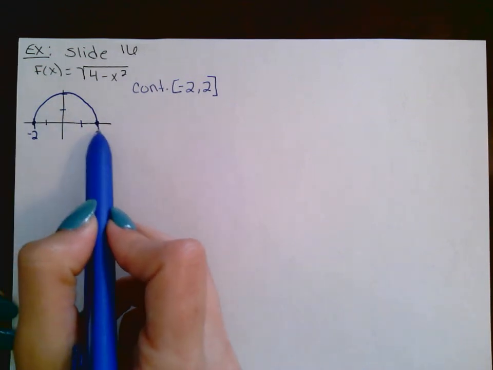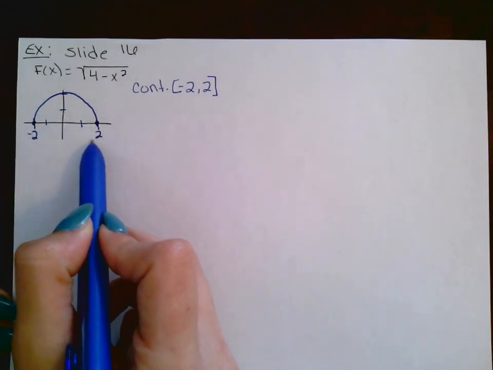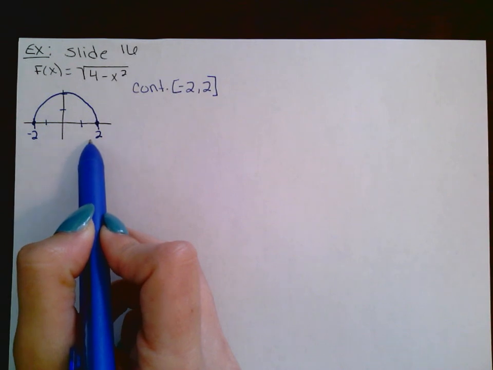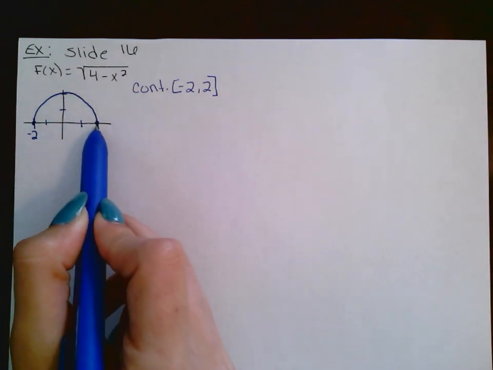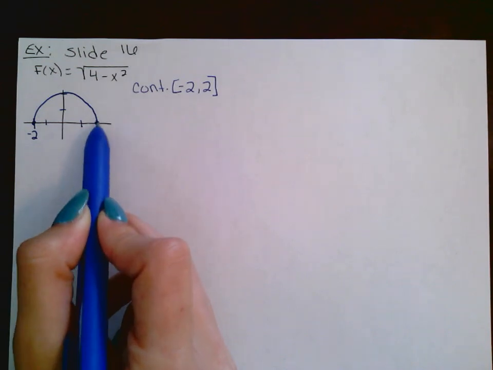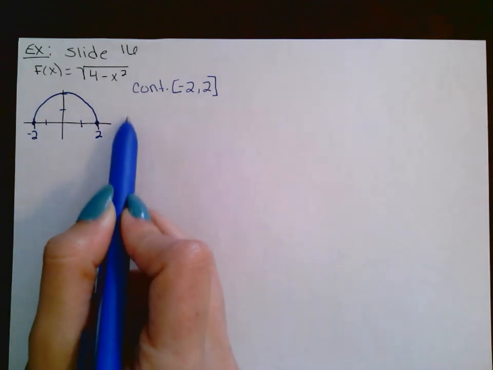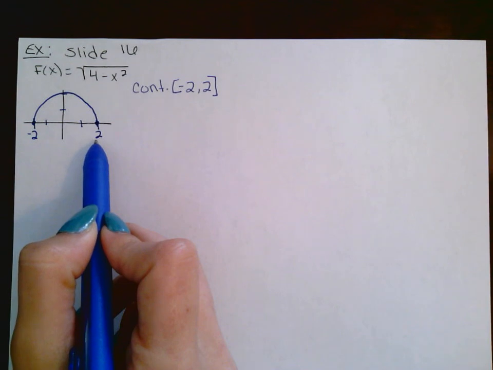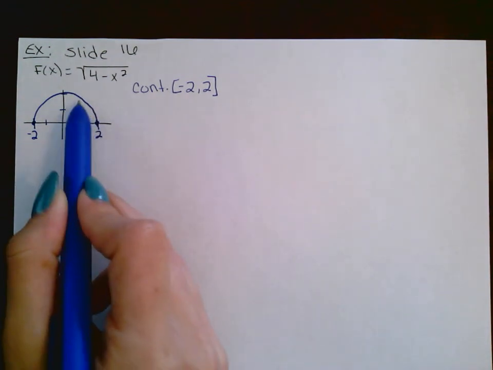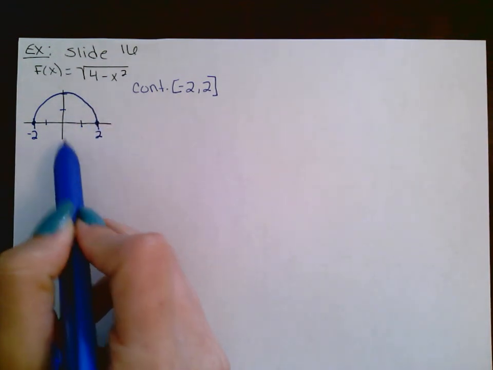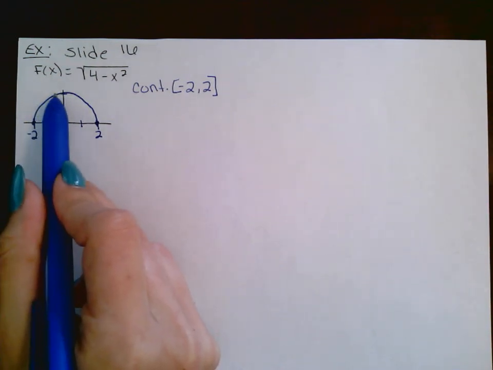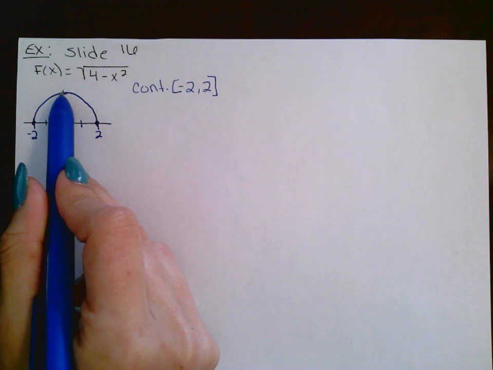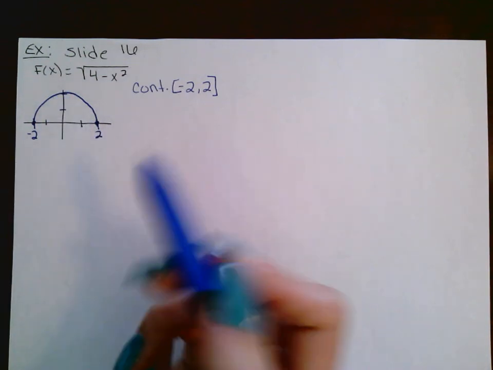We can say the same thing about the limit as x approaches positive 2 from the opposite direction, because it does have a function coming from the left hitting 0. It does not have a function on the right. Therefore, the limit as x approaches 2 does not exist, because it only has something from the left and not from the right. But the limit as x approaches, let's say 0, does exist, because from the left and from the right, they're going to the same location, which is 2.